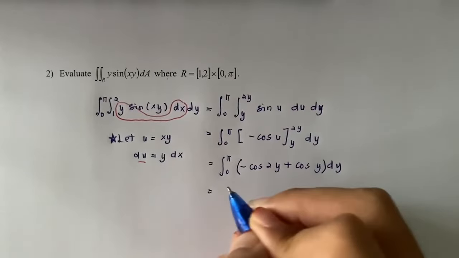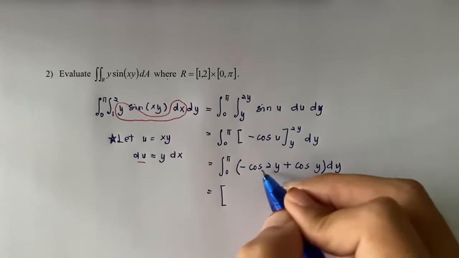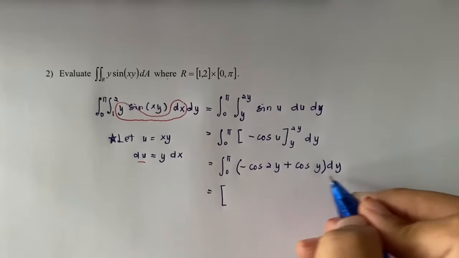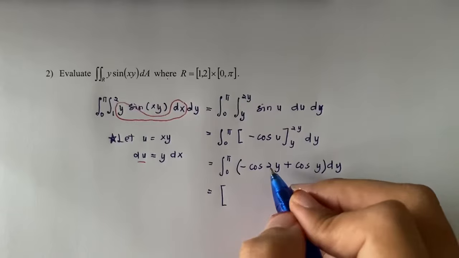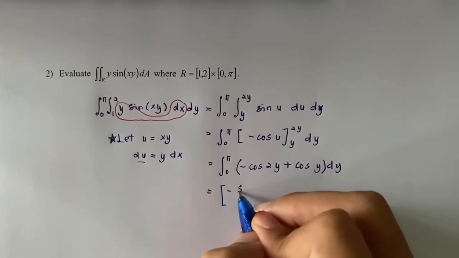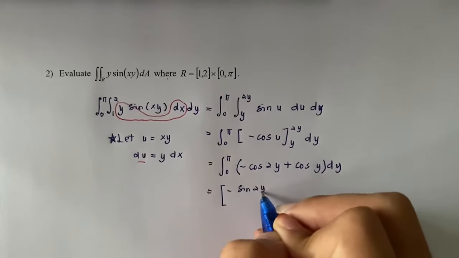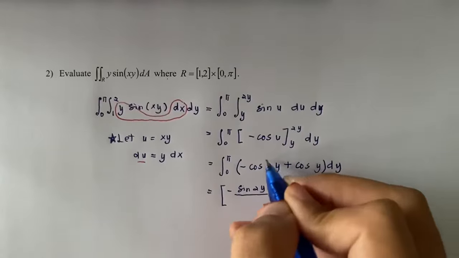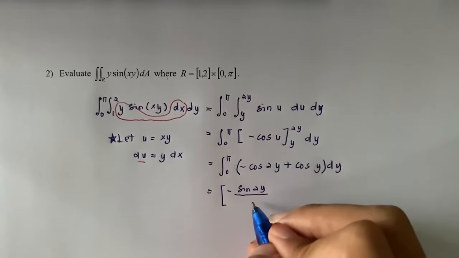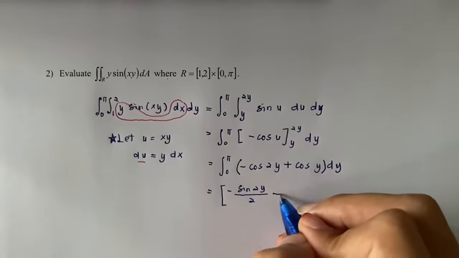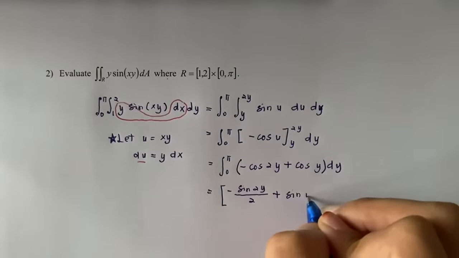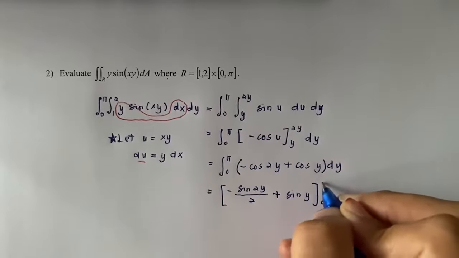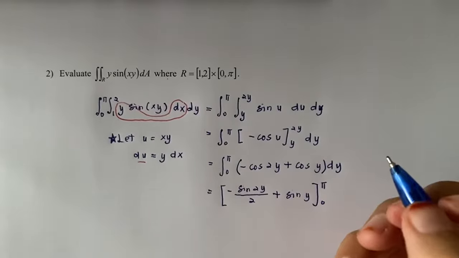From here, we integrate with respect to y. Integrating negative cos 2y, we have negative sin 2y divided by 2, the derivative of 2y, plus the integral of cos y, which is sin y. The limit for y is 0 to pi.